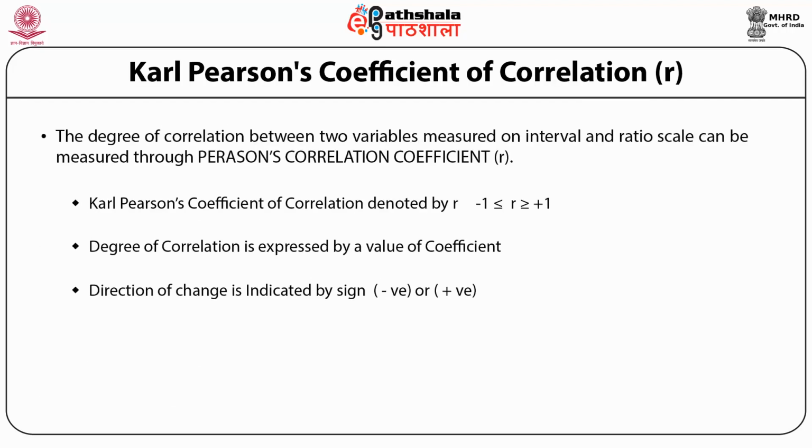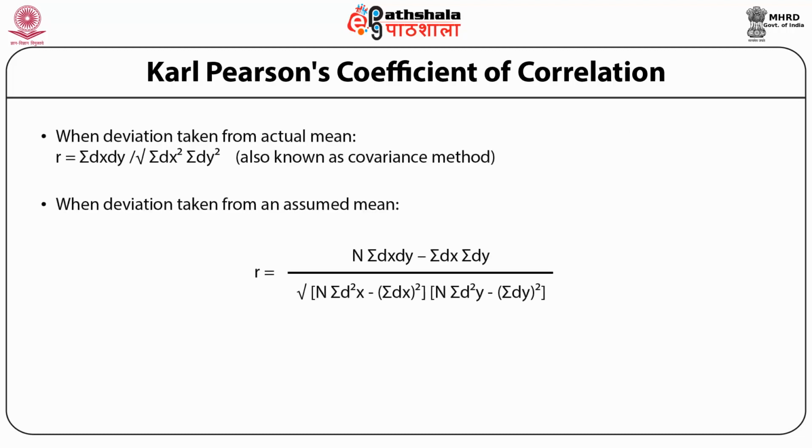Karl Pearson's coefficient of correlation, its calculation has been discussed in detail. This is the formula to calculate Karl Pearson's coefficient of correlation. Here dx and dy are the deviations from the actual mean, and we can also take the deviation from the assumed mean.